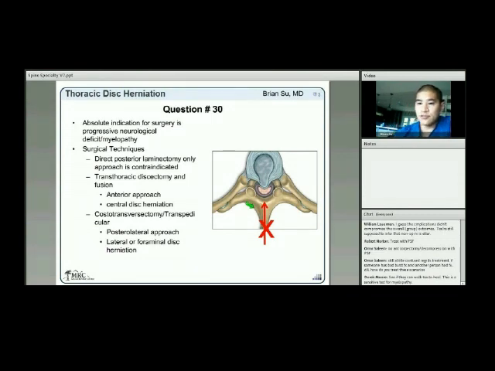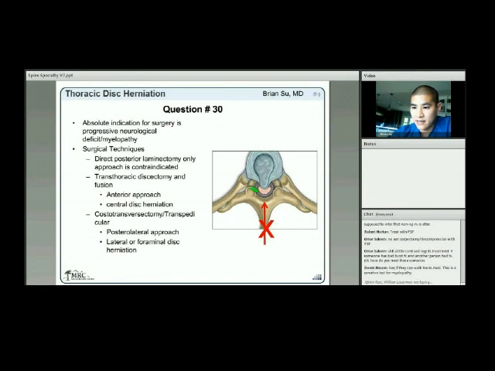In general, do not pick something that is posterior only. You cannot retract the cord. There are no nerves here, so you can't do a laminectomy, retract the cord, and then take the disc out.